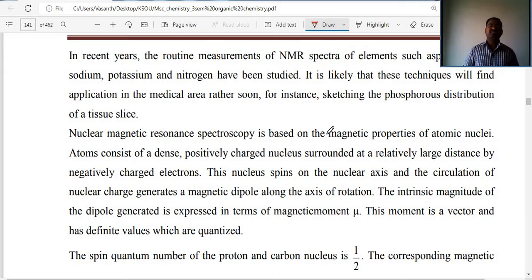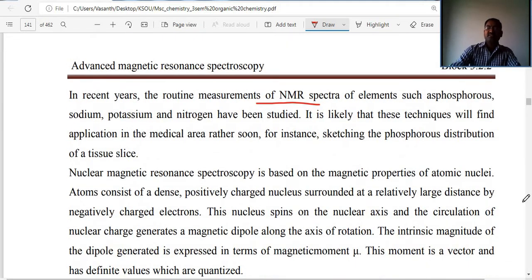In recent years, the routine measurement of NMR spectra of elements such as phosphorus, sodium, potassium and nitrogen has been studied. It is likely that these techniques will find applications in the medical area, for instance, sketching the phosphorus distribution of a tissue slice.